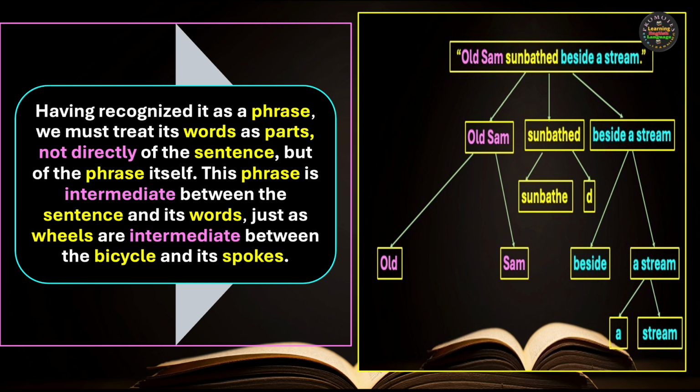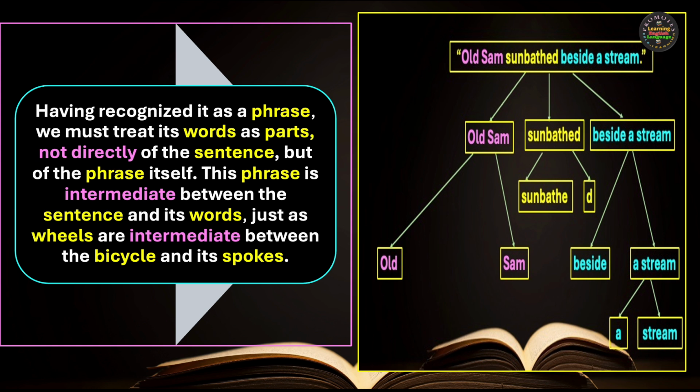Having recognized it as a phrase, we must treat its words as parts, not directly of the sentence, but of the phrase itself. This phrase is intermediate between the sentence and its words, just as wheels are intermediate between the bicycle and its spokes.